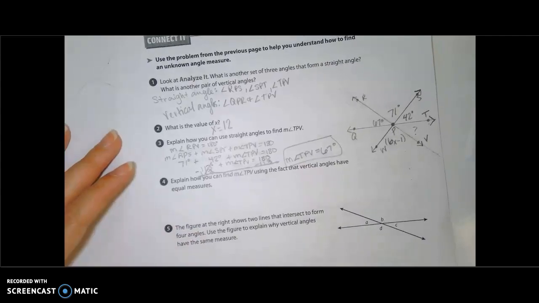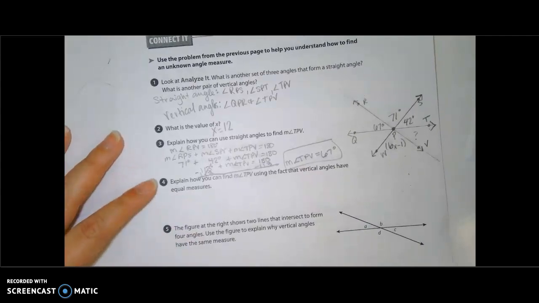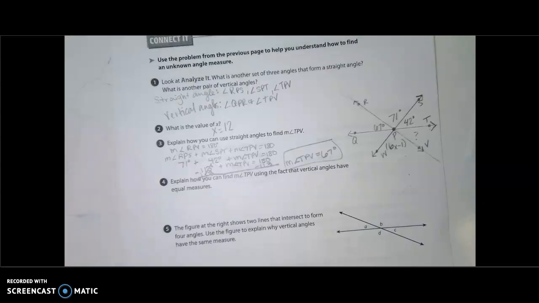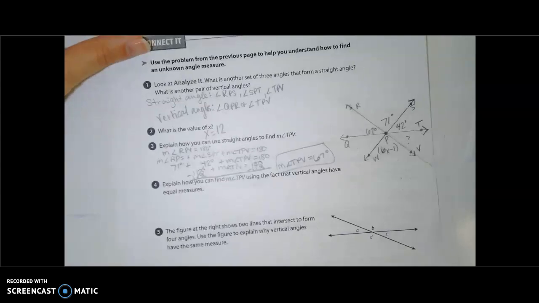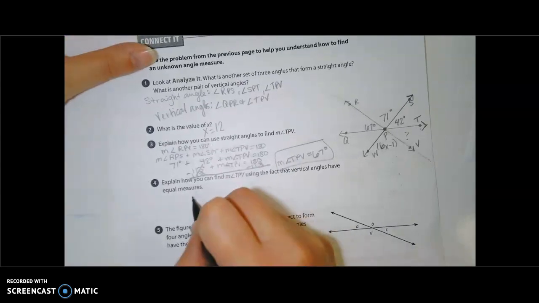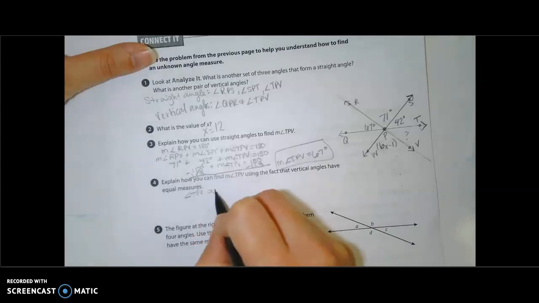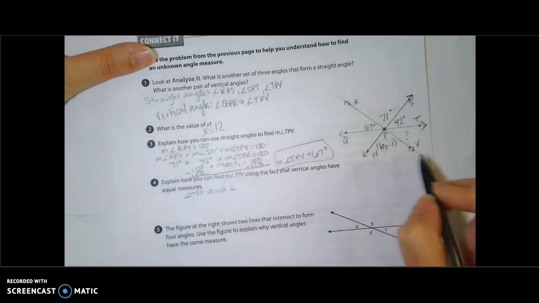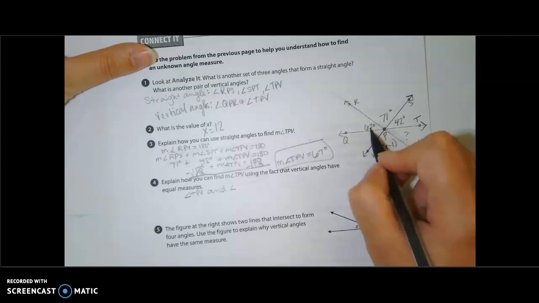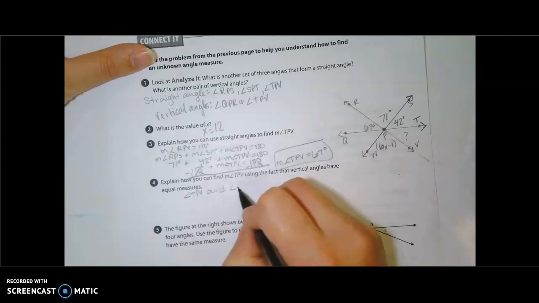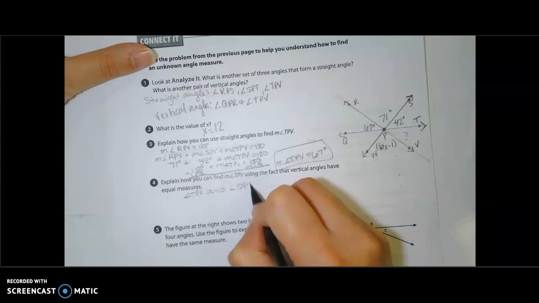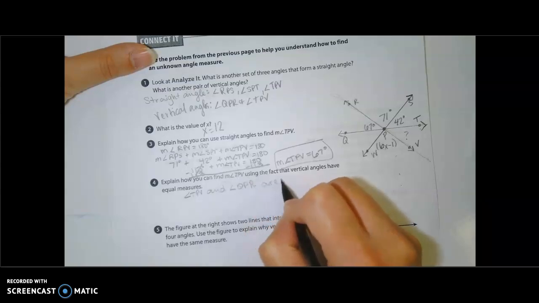All right, now it wants to know how can I find the measure of angle TPV using the fact that vertical angles have equal measures. So I know that angle TPV and angle QPR, which is across from it, are vertical angles.